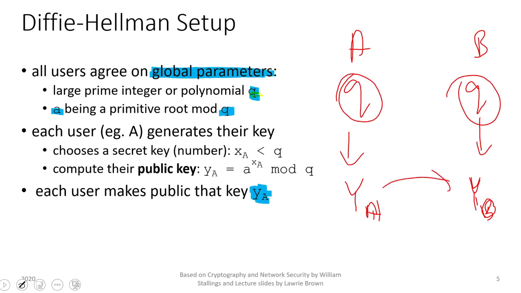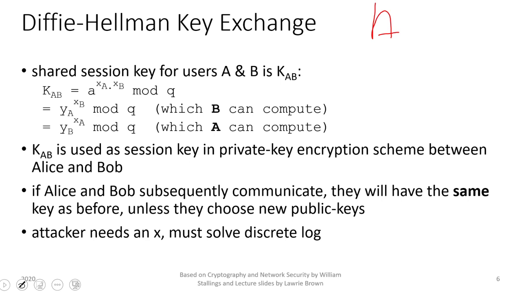So this public key can be exchanged with each other. So now A and B, if we take A and B now, A has YB and B has YA. Each other's public key is now available.